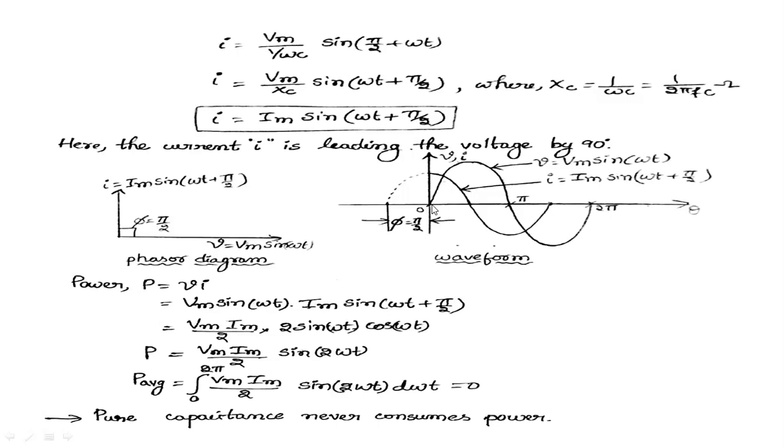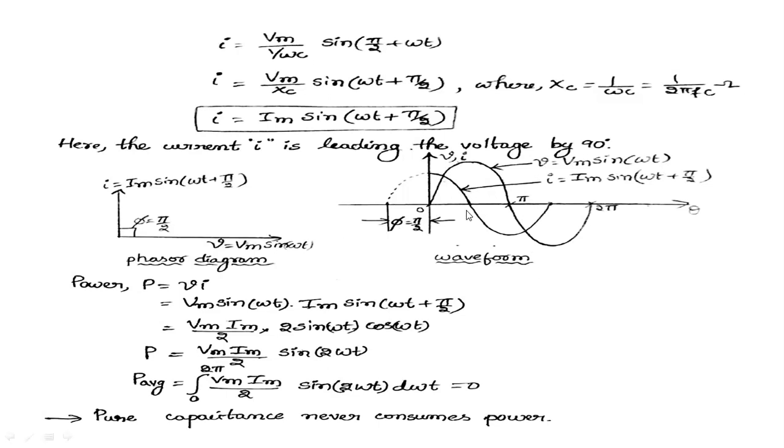Here the voltage wave starts at 0, going 0 to pi to 2 pi, given by V equals Vm sin omega t. Before this voltage wave, the current wave has already started, at an angle of pi by 2.